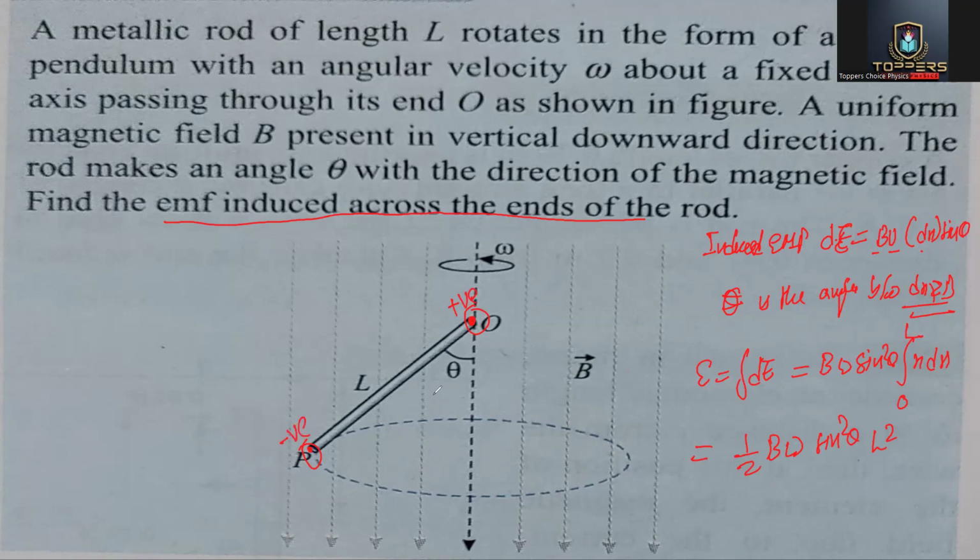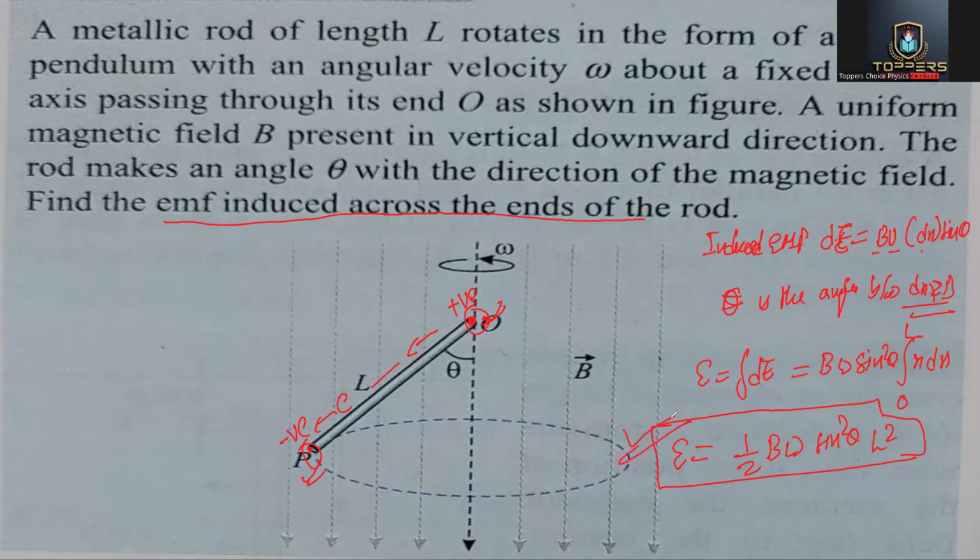Why? Because if this rod is rotating in this plane, then electrons will move from point O to point P. If electron is moving from a point, that point is positive terminal and this is the negative terminal. So this is the EMF induced across a rod rotating in a uniform magnetic field.